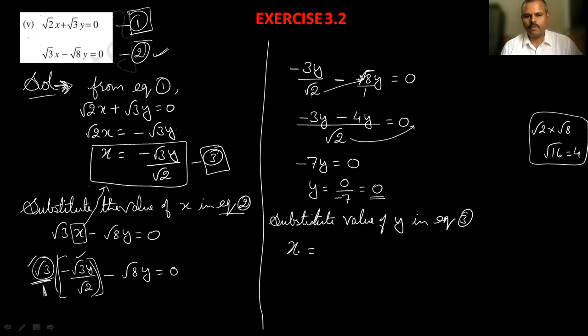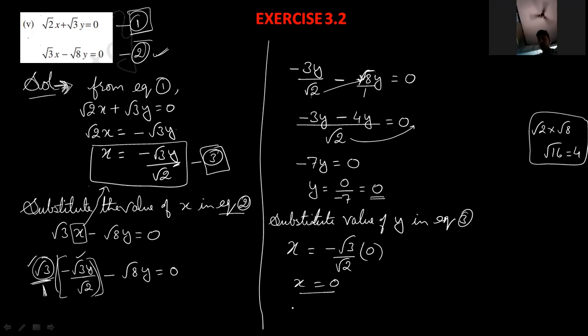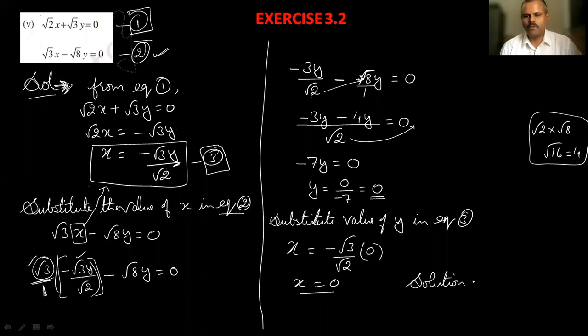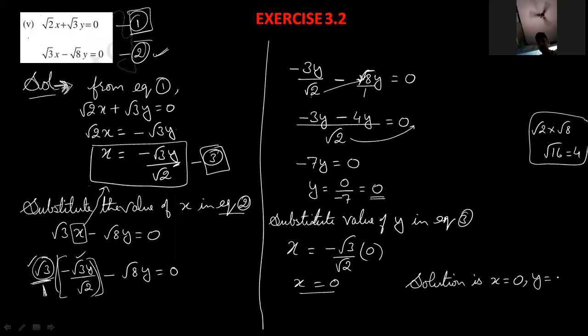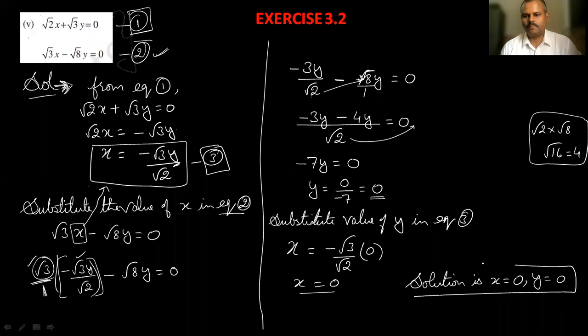So when you substitute in equation 3, it is minus under root 3 upon under root 2, and in place of y, it will be 0. So you get x equals 0. Then your solution is x equals 0, y equals 0. This is your solution.